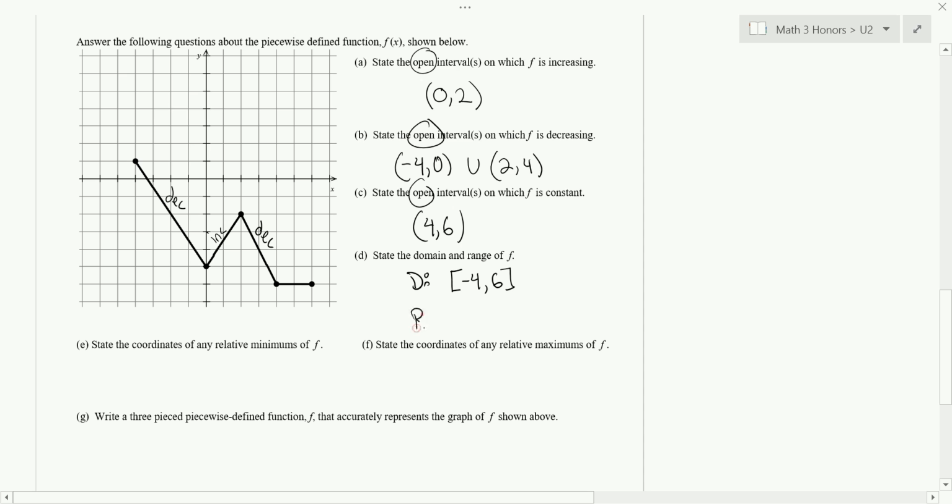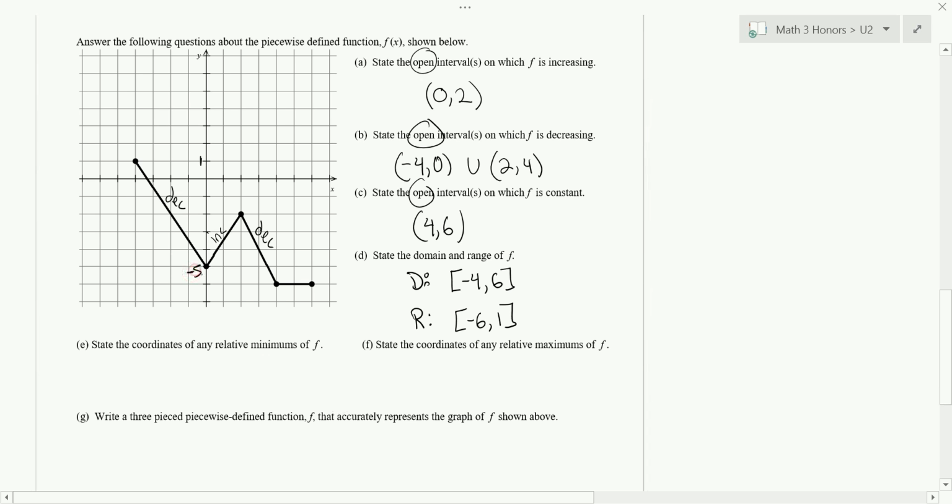Perfect, thank you. And then for the range, what did you get, Shelby? And then brackets for the 1, or? Yeah, okay, good. So range, we're looking at the height here at 1 and down 1, 2, 3, 4.